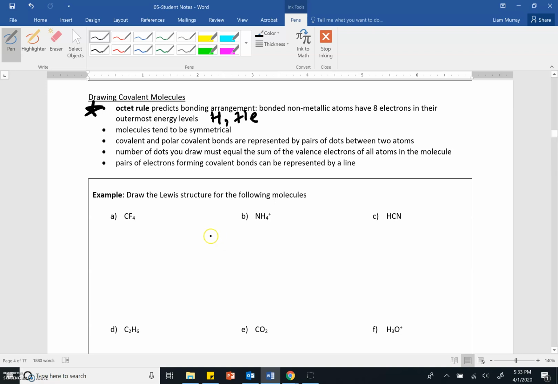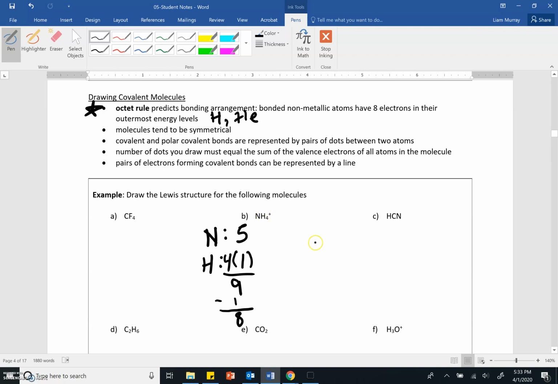So I've got nitrogen, which gives me 5 valence electrons. I've got hydrogen giving me 1 valence electron, but I have 4 of them, which means I have 9 valence electrons to work with. I've lost 1 because of my positive charge, which means I'm working with 8.